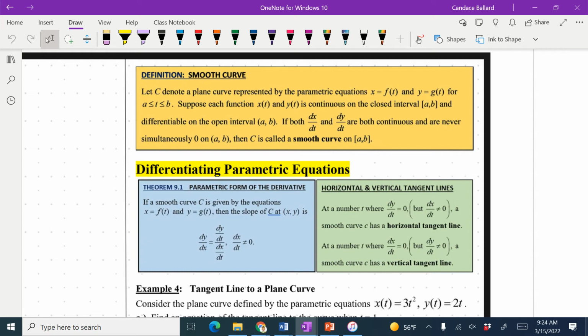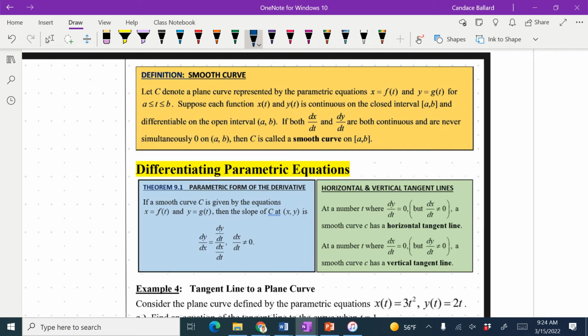Okay, the first box is talking about a smooth curve. I'm not going to test you on smooth curve. It's there because the words smooth curve are in the theorem, 9.1, that talks about the parametric form of the derivative. So officially you had to have a smooth curve. It's all of our standard stuff, right? Both the x of t function and the y of t function have to be continuous on the closed interval and differentiable on the open interval.